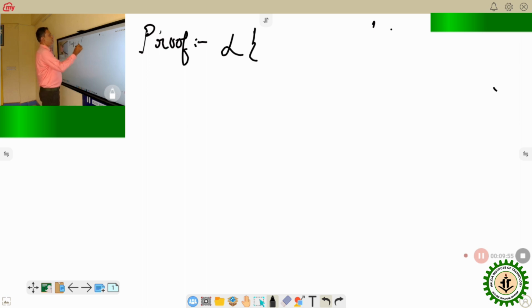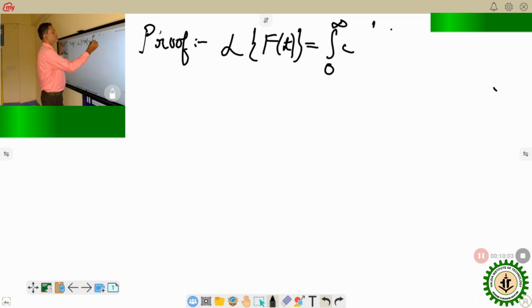Now, the Laplace transform of f(t) can be written as the integral from 0 to infinity of e to the power minus pt f(t) dt.